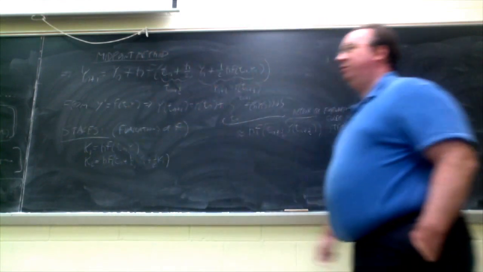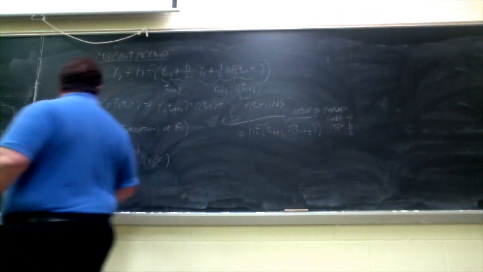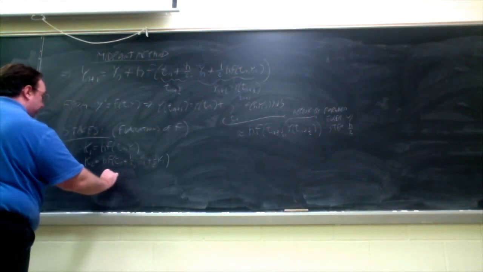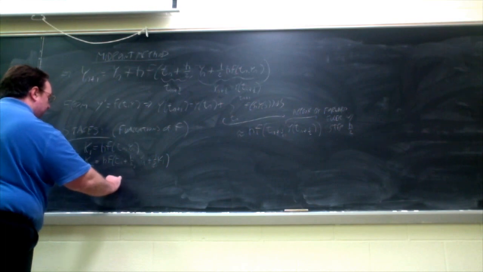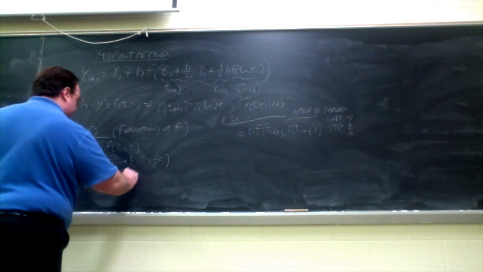So that way we're writing this in such a way where it's easy to see how many actual evaluations of f we need. And then once we have these, then we can say yn plus 1 is equal to yn plus K2.